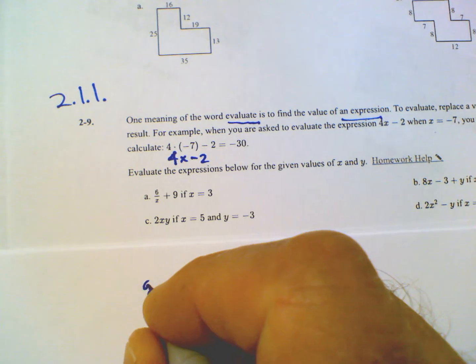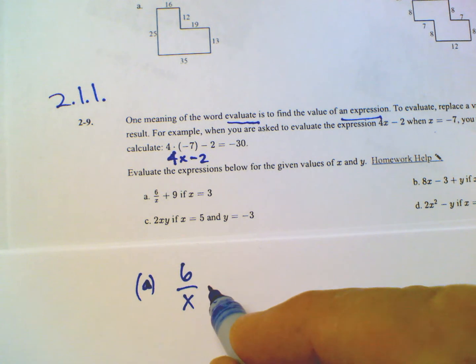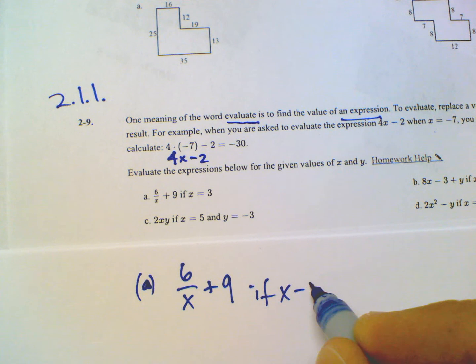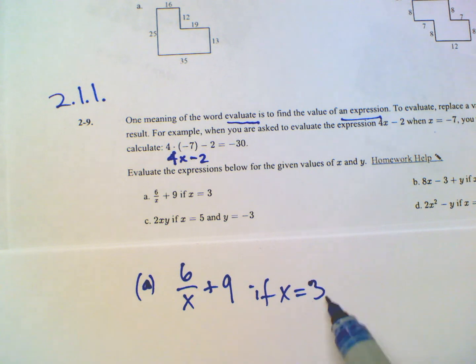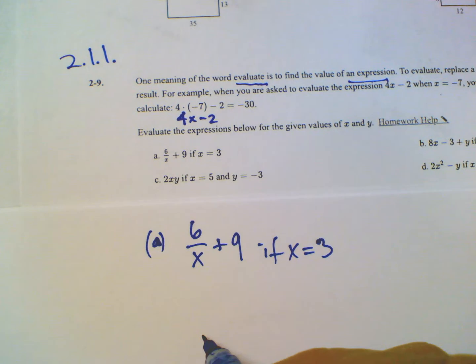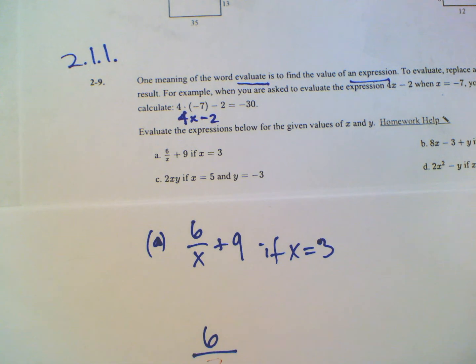So A, the expression is 6 divided by x plus 9, and they're saying if x equals 3. So what they want us to do is put 3 in place of the x. So rewrite this: 6 divided by 3, right?